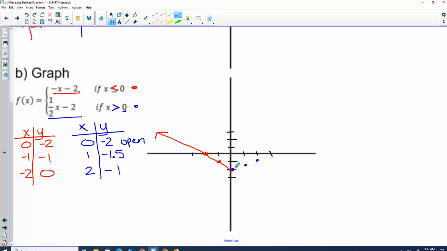So it started here. Should have been open, but the first piece had already filled that in, so we just leave it closed. And it should look like that. Questions there?